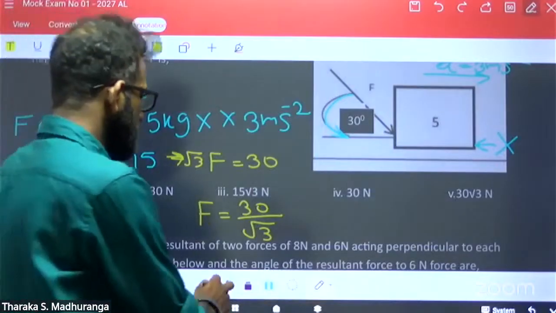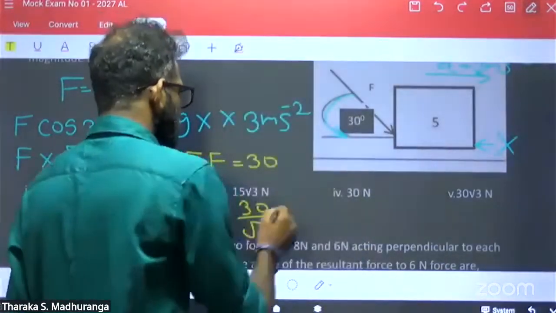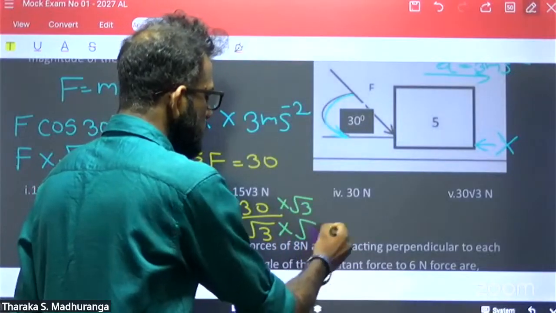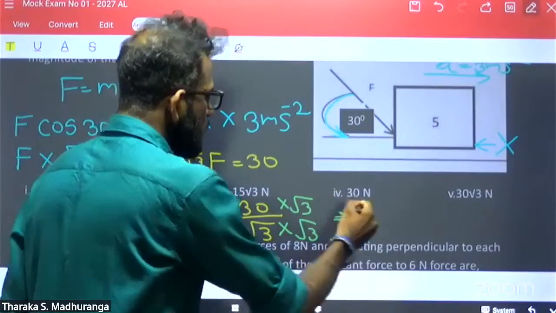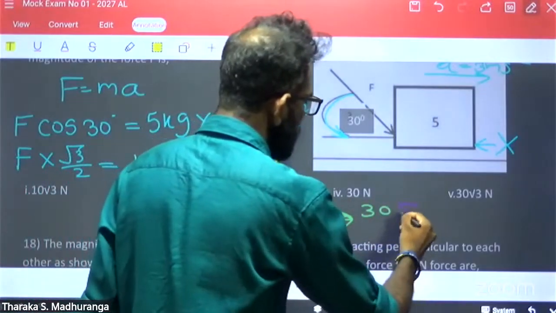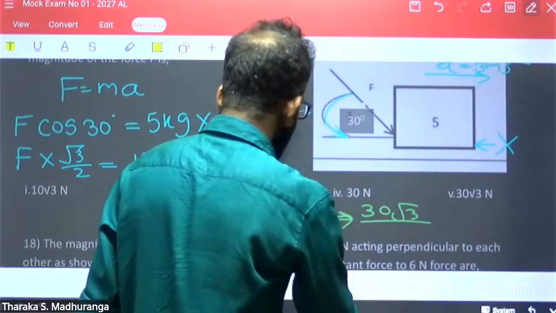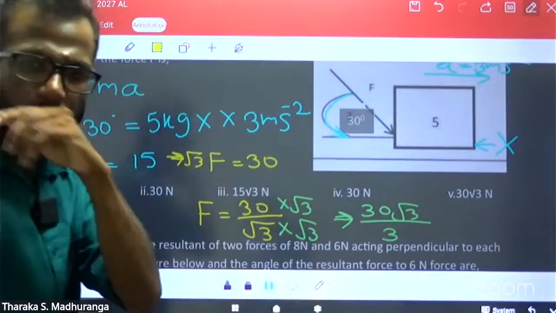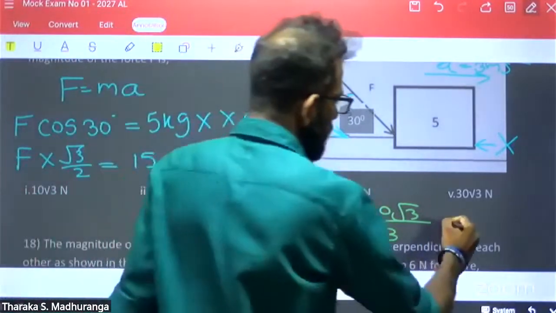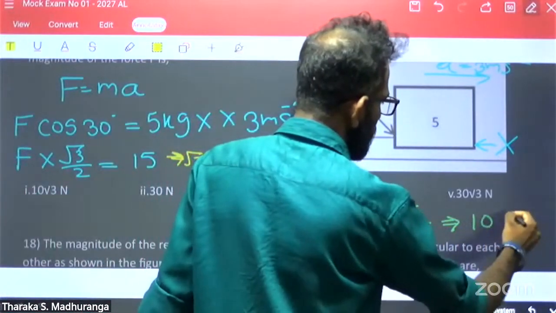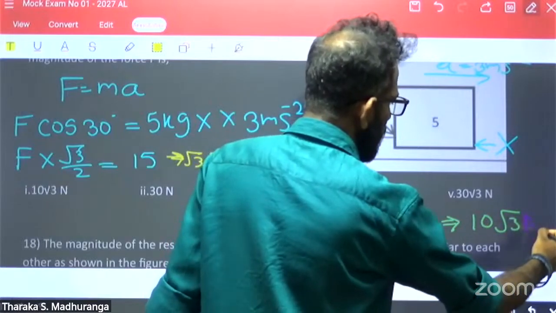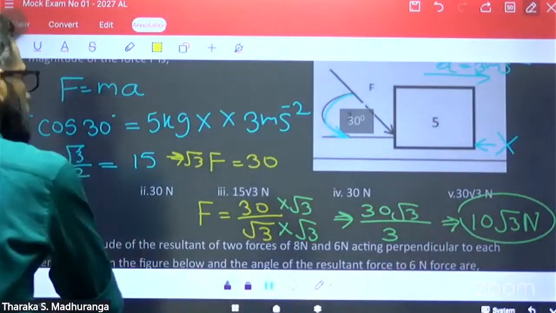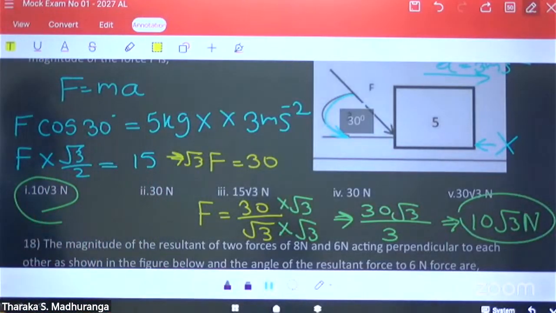Now you can multiply both sides by root 3. Then 30 root 3 divided by root 3 into root 3, which is 3. Now 30 divided by 3, it is 10 root 3, Newton, is the answer. Answer number 1. Online students, mark the answer.